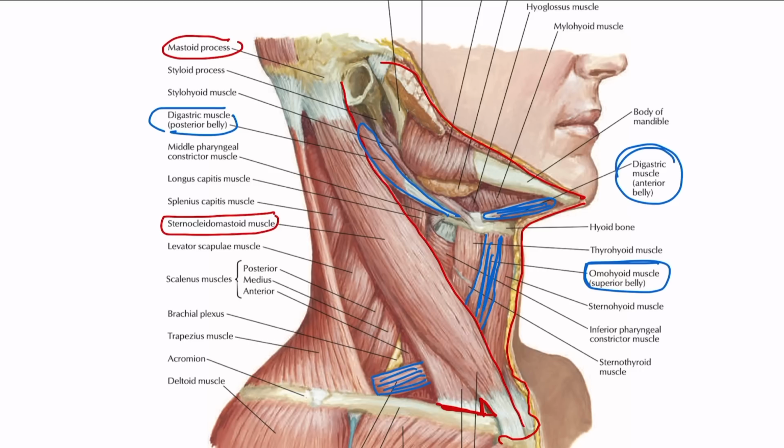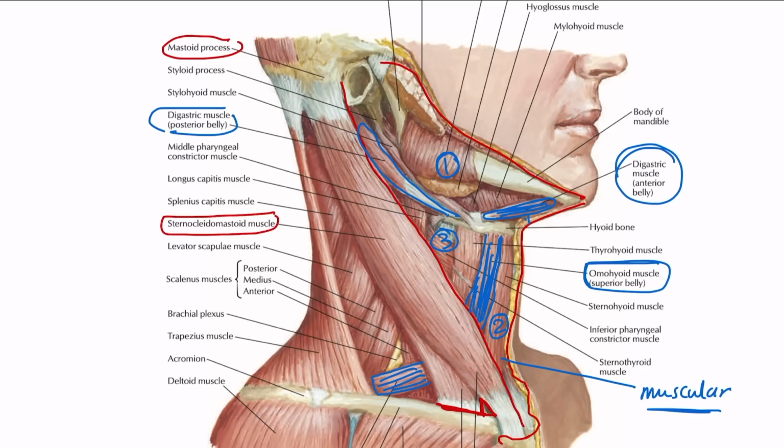Let's look at how many triangles we have now. You will have a triangle in here, just below the mandible, so it's called the submandibular triangle. You have a triangle in here, which contains lots of muscles; we call it the muscular triangle. Another triangle in here mainly contains the carotids; we call it the carotid triangle.